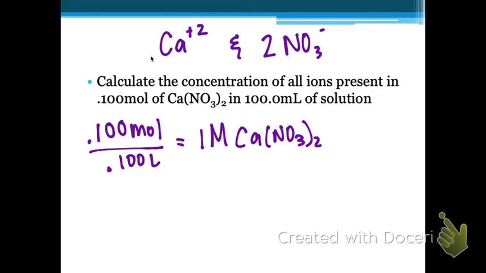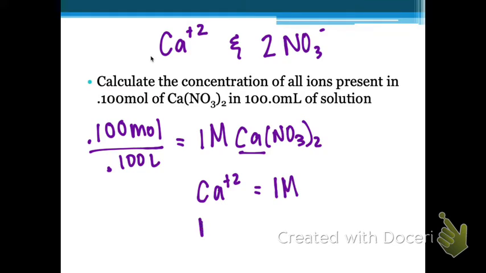Now, what would the concentration of my calcium ions be? It would also be 1 molar because it's a 1-to-1 ratio. 1 calcium ion per molecule would mean that my concentration has to be identical. So my concentration of calcium ions would be equal to 1 molar.